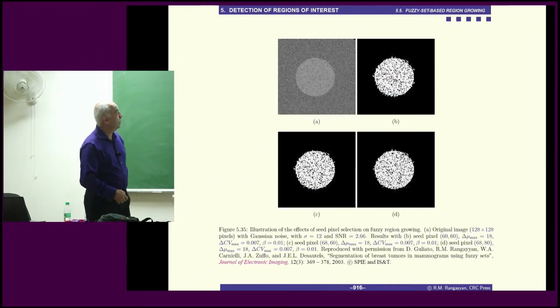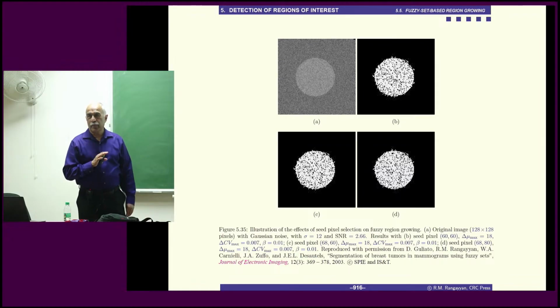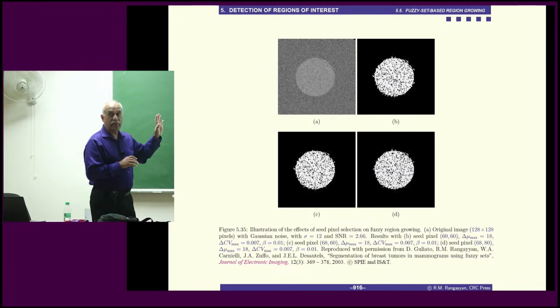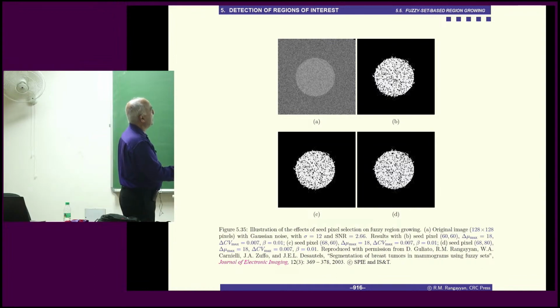So the noisy disk image I showed earlier, now we are not getting a contour. Previously, we applied the fuzzy membership function, fuzzy pre-processing step rather, which is also a membership function, and then we did a region growing and obtained the boundary. Here, there is no boundary, no contour, I should say, and all pixels are assigned a membership, but the membership outside is 0.